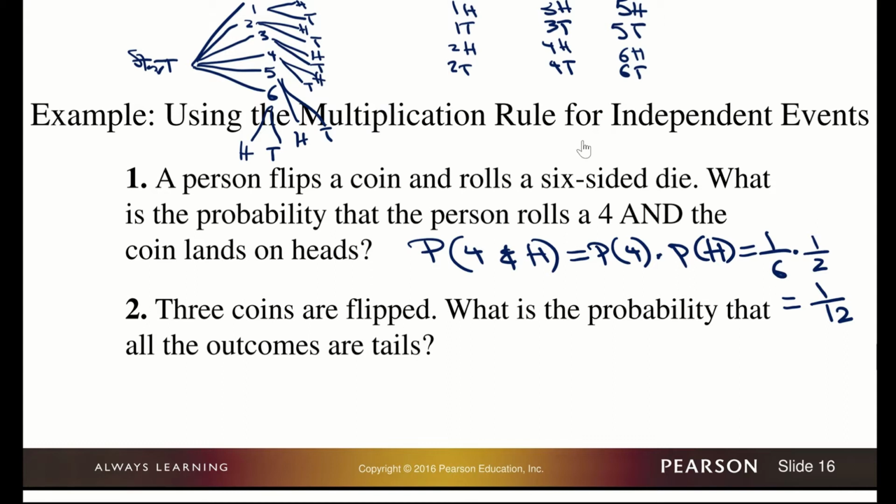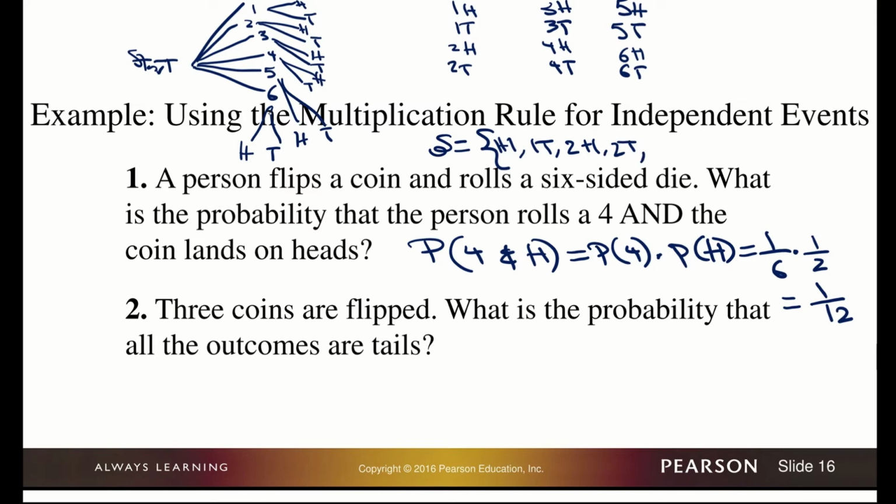So if you wanted to actually write the sample space for this experiment, you would just write S equals, and you would list all those next to each other. So 1H, 1T, 2H, 2T, right?